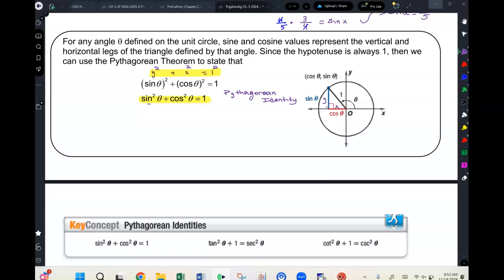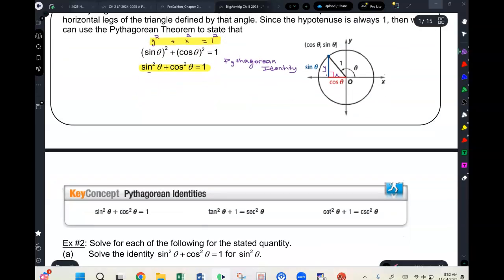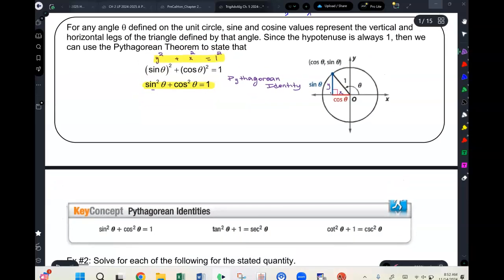But it's also got some buddies. Don't switch the page just yet. Let's take this one, sine squared theta plus cosine squared theta equals 1. Now, just for fun, I'm going to divide all of these by cosine squared theta.